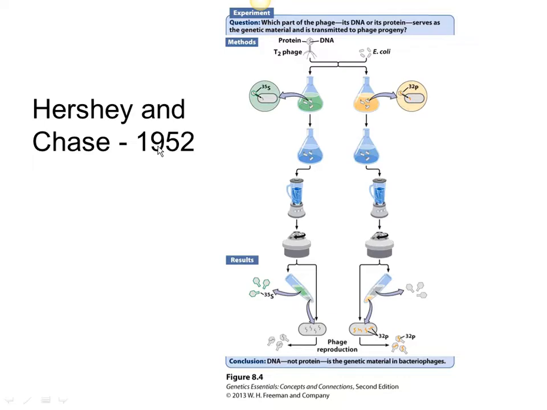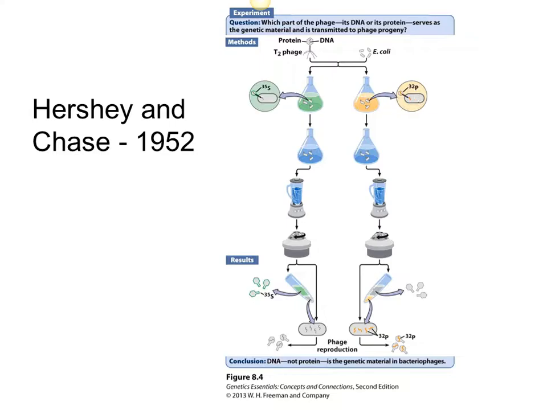So what Hershey and Chase did, and what they published in 1952, is an experiment where they grew phage in a flask that had S35, that's an isotope of sulfur, and they also grew some phage in a flask that had P32, which is an isotope of phosphorus.